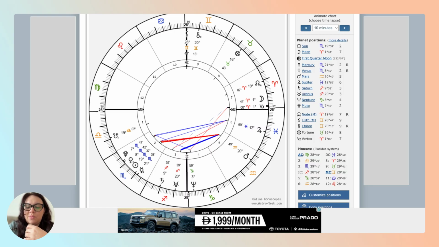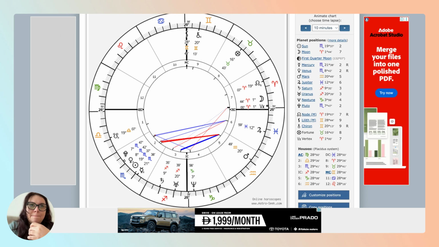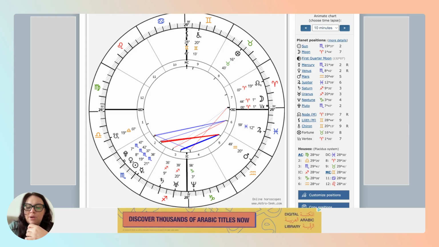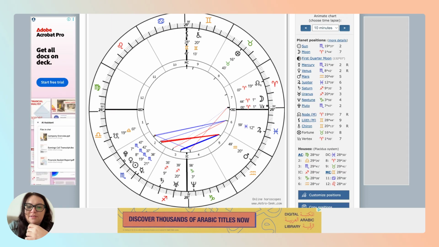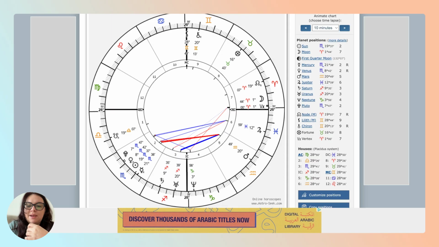Then we have, I'm going to start with the personal planets. This is the sun, the moon, which is more clear. This is Venus, Mercury, and Mars. Okay? And then we have the social planets, Saturn and Jupiter. Okay?